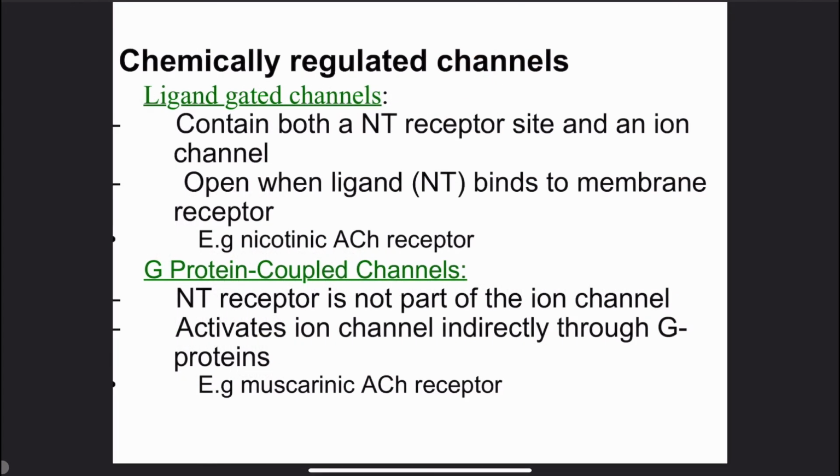These neurotransmitters are going to be able to activate different types of channels, and so these are chemically regulated channels. The first one is called a ligand-gated channel, and what that means is that a neurotransmitter is going to bind to it, and it's going to open up an ion channel.